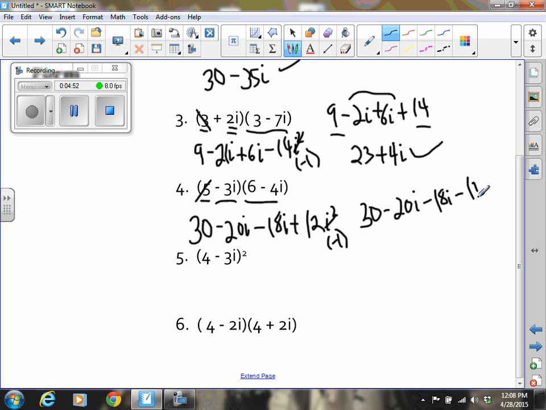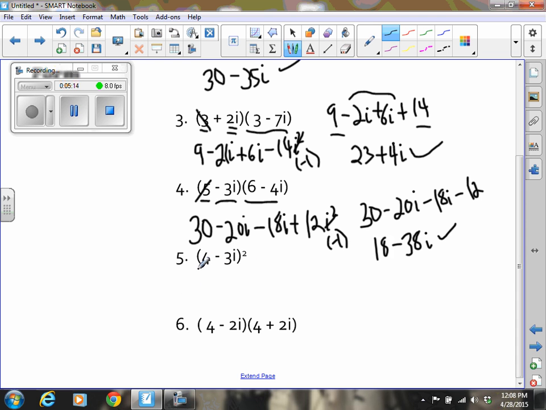Now I'll combine my like terms, and 30 minus 12 gives me a value of 18 for my real part. Negative 20i minus 18i gives me a value of negative 38i for my imaginary portion. And my answer looks like standard form, so I know I'm done.